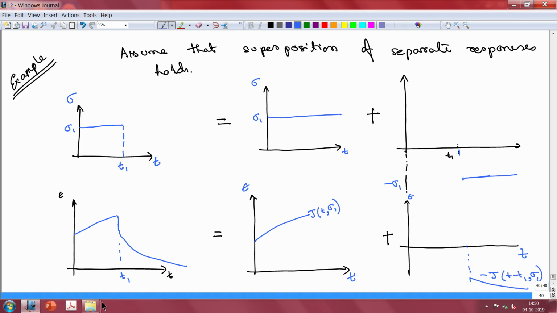Now, a quick point before we draw an important conclusion: I have only broken it up into two different signals here. But you can break this signal up in many ways, and the superposition of separate responses, if it is to hold, must hold for all the different cases that you can envisage. What I am drawing here are just examples, but it must hold for all different cases.